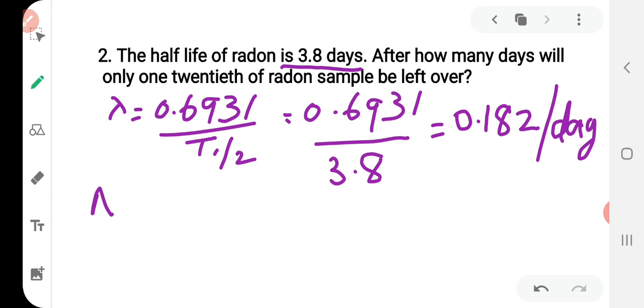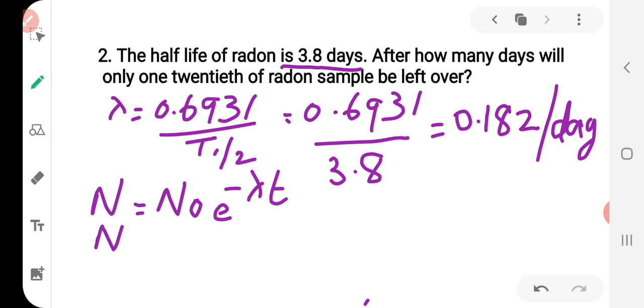And the formula is N is equal to N0 e raised to minus lambda t. So what is N? N is the amount of sample at present. The question is, the sample will be reduced to only 1/20th. So the number of atoms, N, will be equal to N0 by 20.